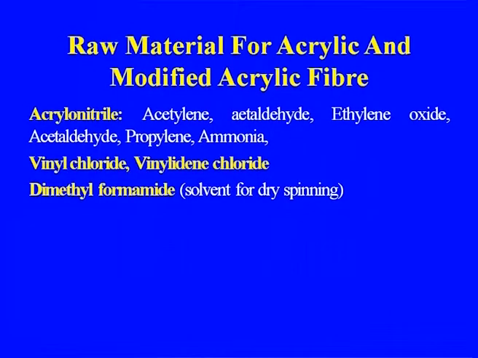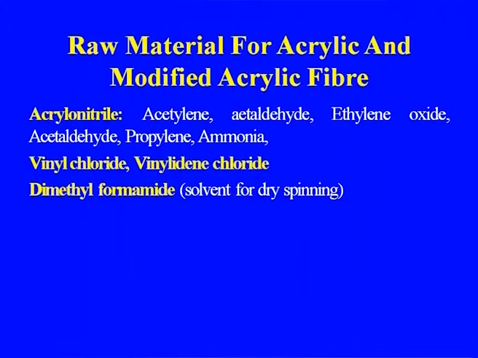Now let us discuss the raw materials for the acrylic and modified acrylic fiber. For acrylonitrile: acetylene, because that was the earlier route, acetylene, acetaldehyde, ethylene oxide, then propylene and ammonia. This is the route which we are now using, with ammonia and propylene as raw materials for the ammoxidation of propylene to make the acrylonitrile.